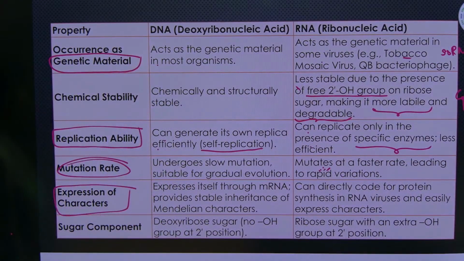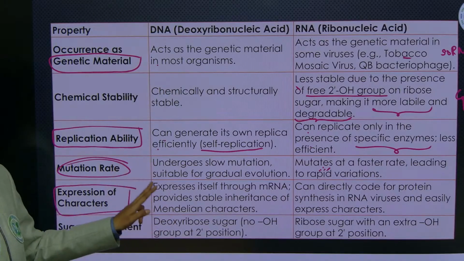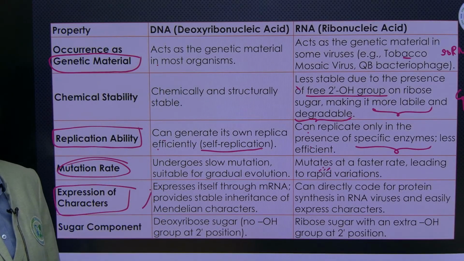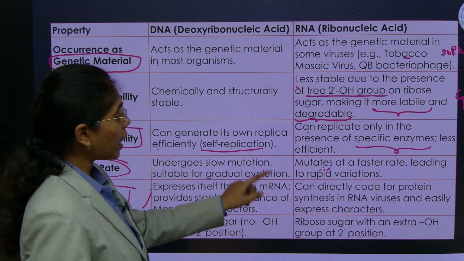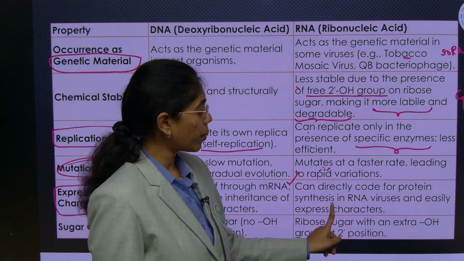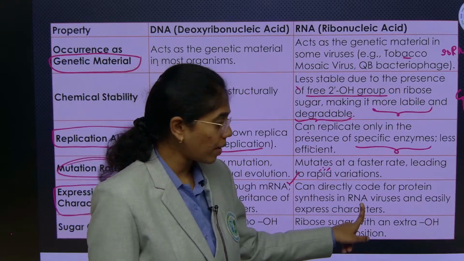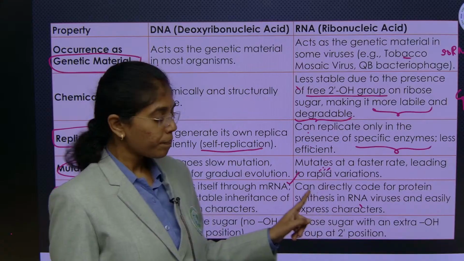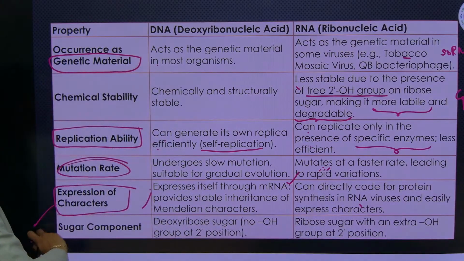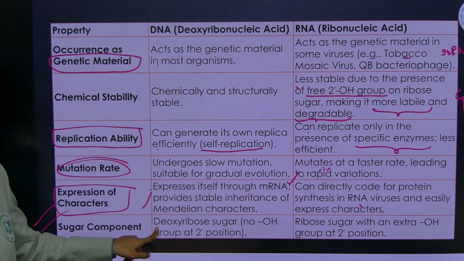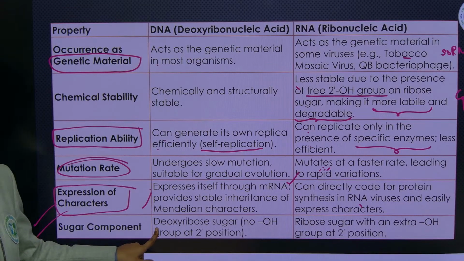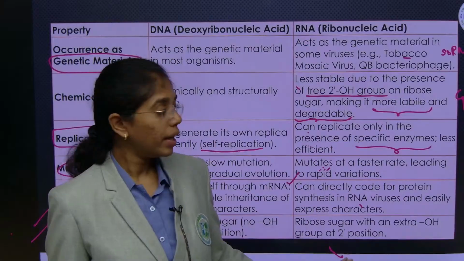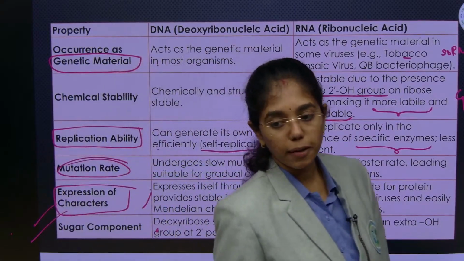DNA expresses itself through mRNA and provides stable inheritance of Mendelian characters. But RNA, in RNA viruses, can directly code for protein synthesis, and easily expresses its characters. Next, sugar component. Deoxyribose sugar has no free OH group, whereas RNA has a free OH group at the second position. Okay. Take down the differences quickly.